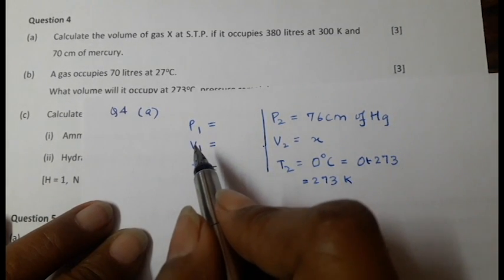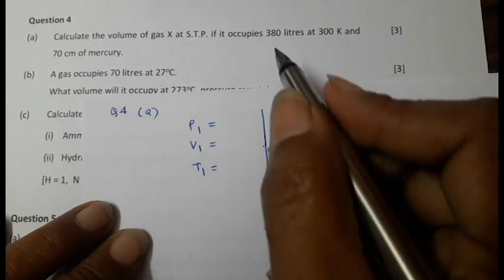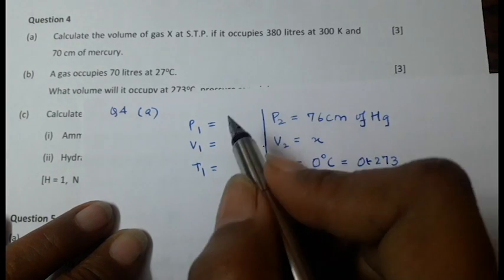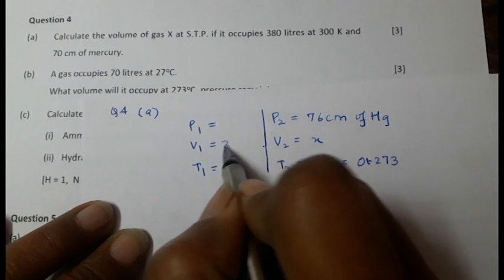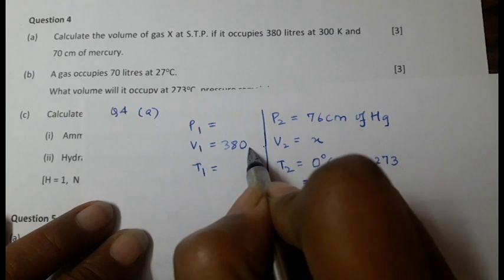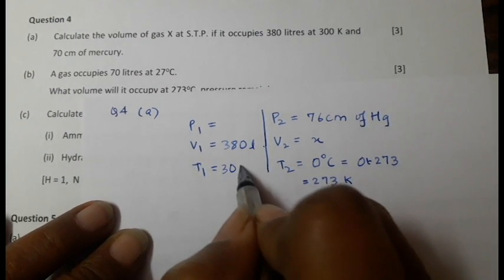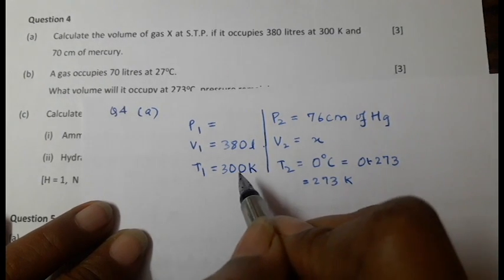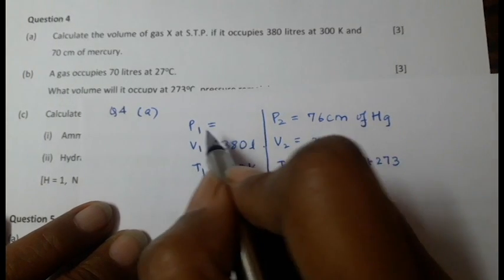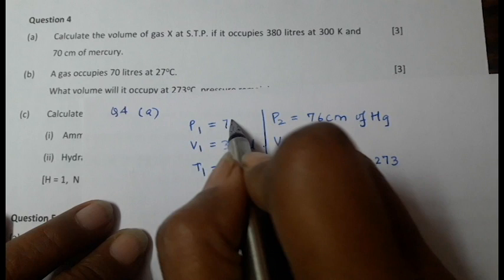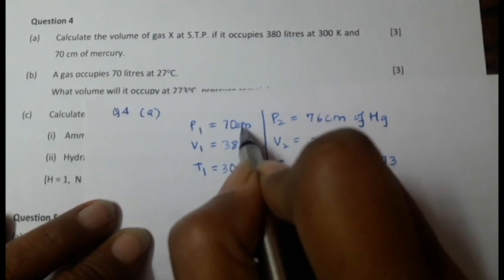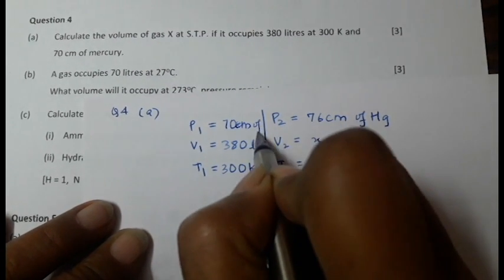For P1, it occupies 380 liters, that is volume. So 380 liters at 300 Kelvin, that is our temperature, and pressure is 70 centimeters of mercury.